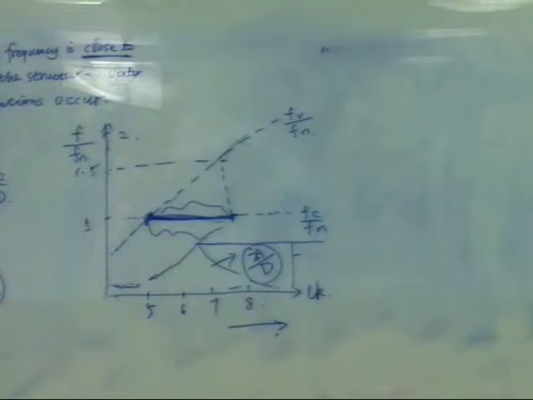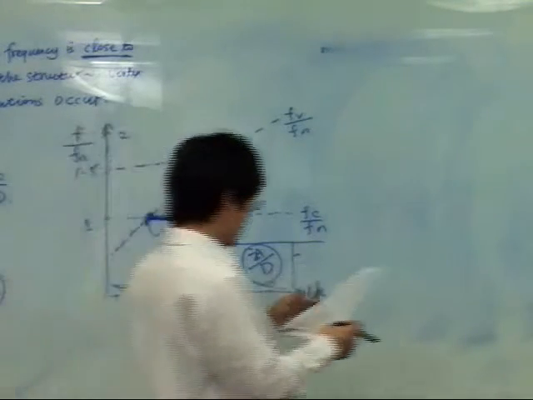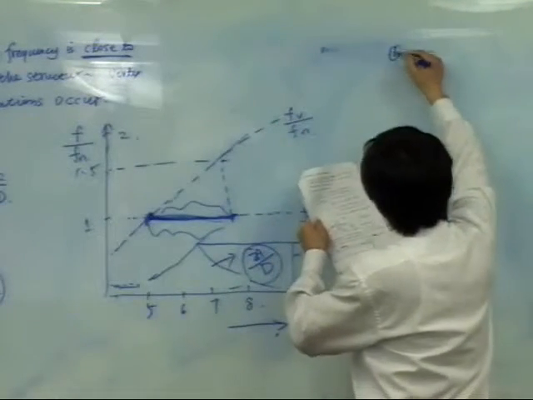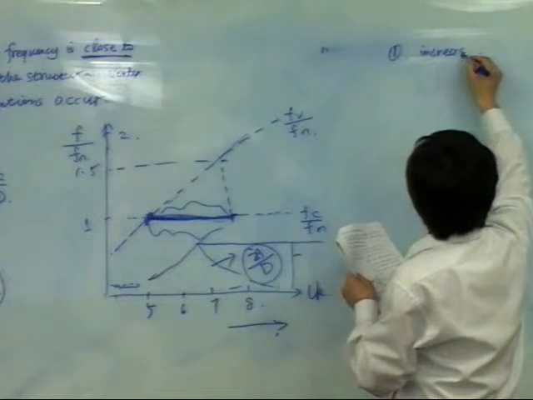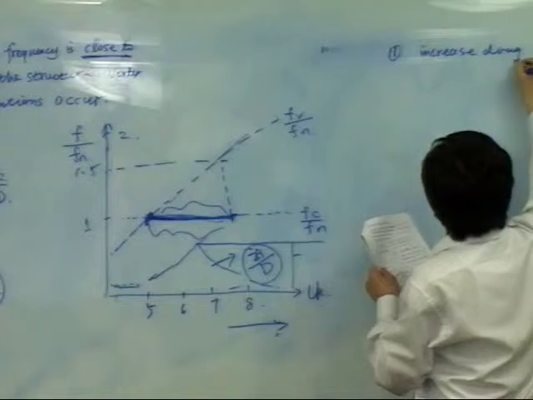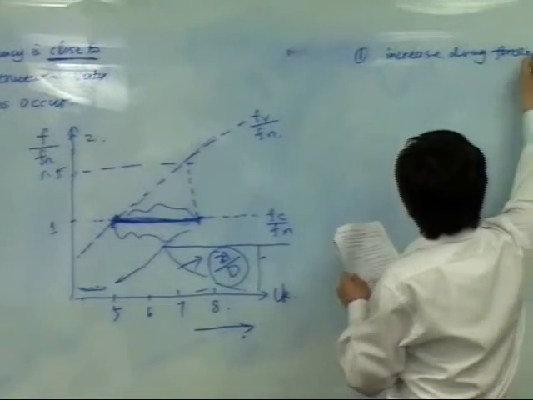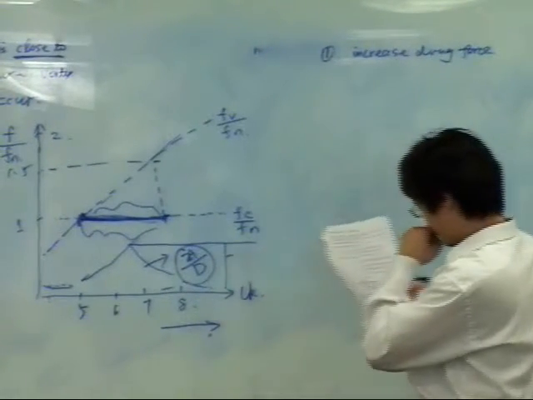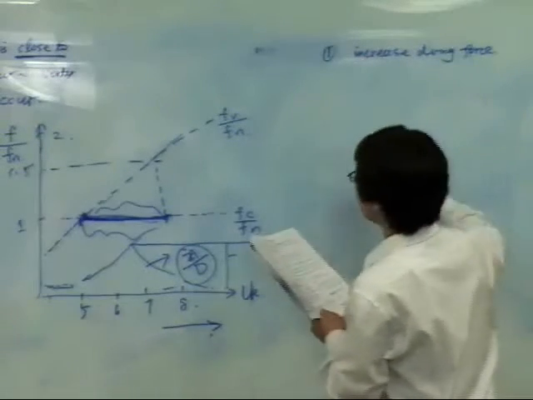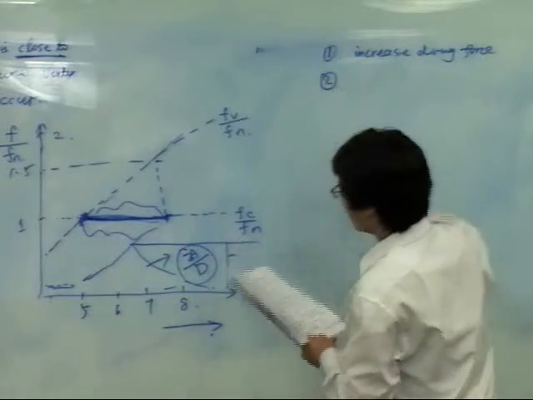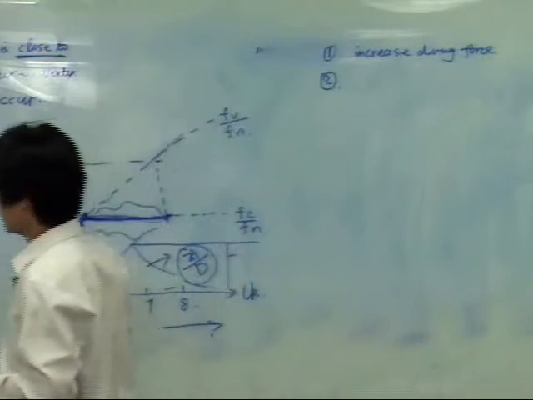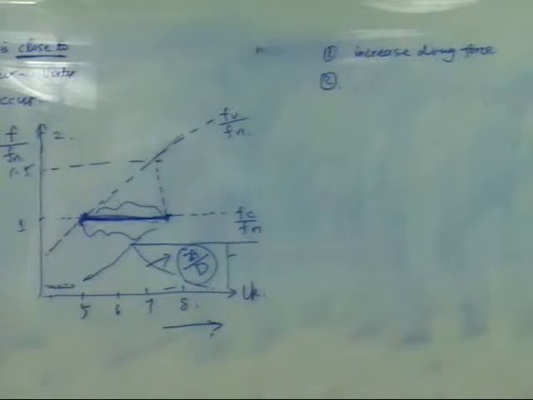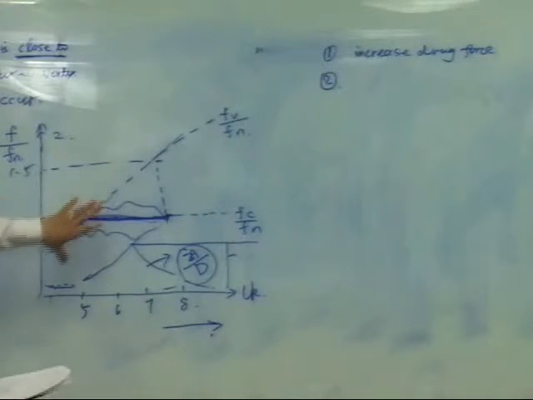The consequence of this VIV is, first, it increases drag force. Oh, by the way, so far there are no sound physical principles that can predict what really happens in this area.